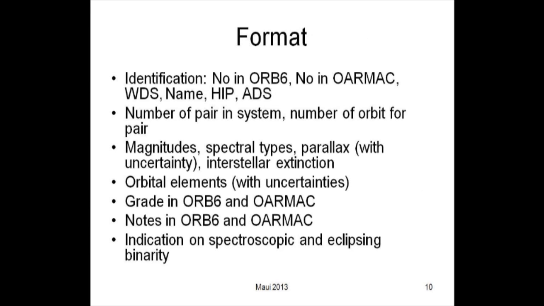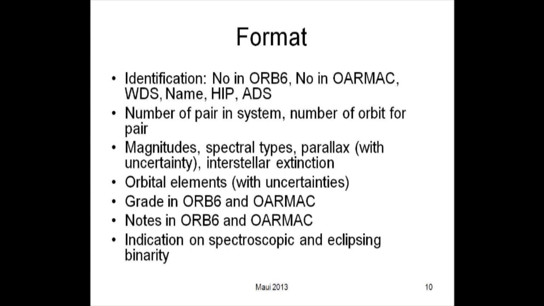The format of the resulting list is the following. We keep almost all identifications: numbers in the two catalogs, WDS, name, Hipparcos, and ADS number. Then we also keep the number of the pair in a system and the number of the orbit for a given pair. Magnitude, spectral type, parallax, all with uncertainty.